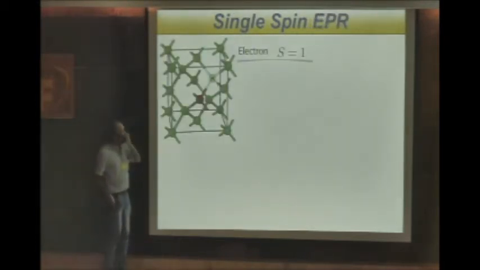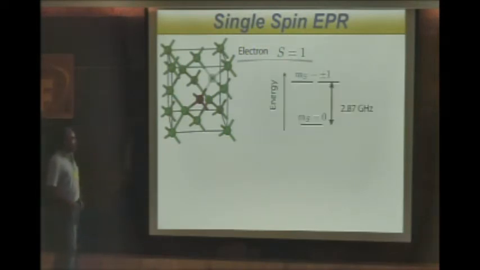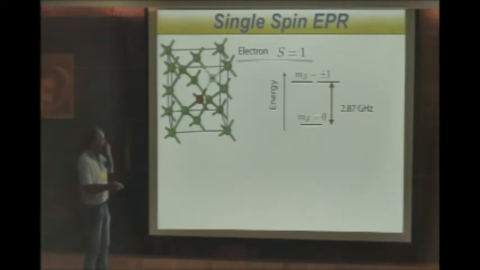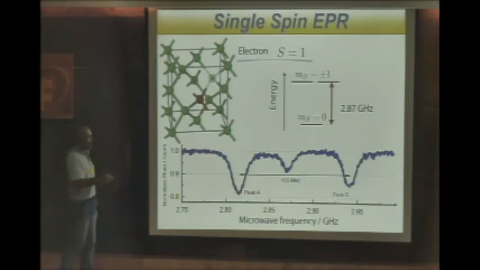So we're doing now such experiments on a single electron together with a nuclear spin. This electron has a spin of 1, so you have 3 spin substates, and in the absence of a magnetic field, you have a zero field splitting between the ms equals 0 state and the ms equals plus and minus 1 state, which has a splitting of 2.87 gigahertz.